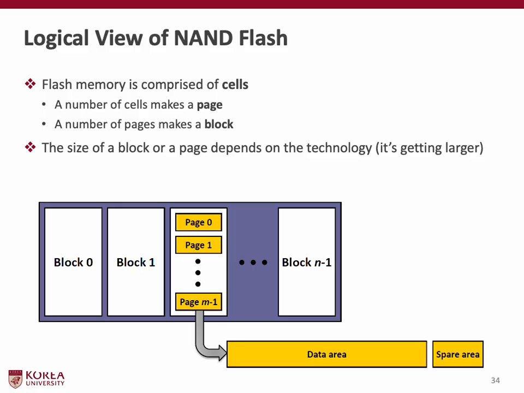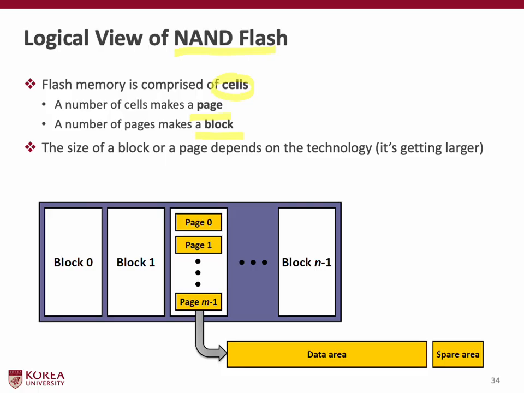Okay, then now let's look at how flash memory is organized logically, especially in NAND flash. NAND flash is commonly used in SSDs. And basically, flash memory is comprised of several cells, and a group of cells makes a page, and a number of pages makes a block.